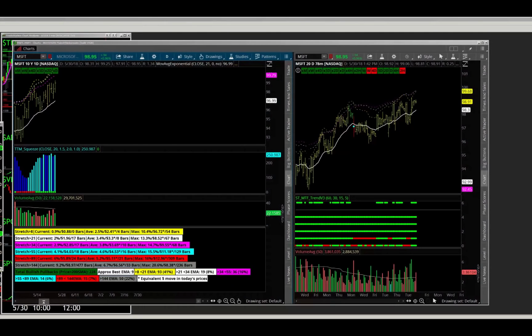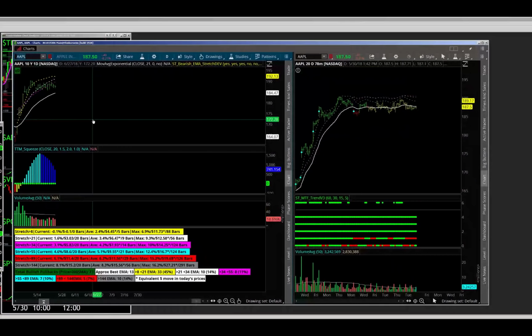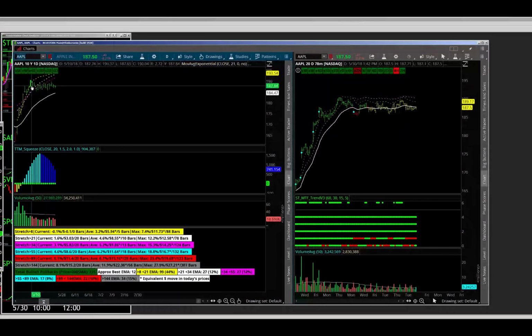Netflix is also in that zone, so it's a good place to be booking some profits. You can see how it's been pausing at those levels. Apple has been trying to gain a little bit of steam, but same thing, it's having to fight all those levels.